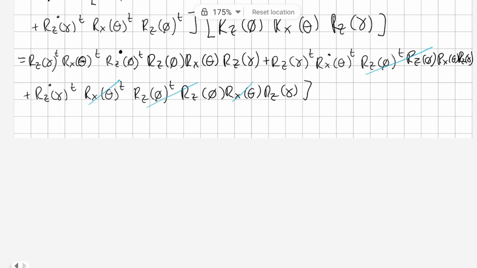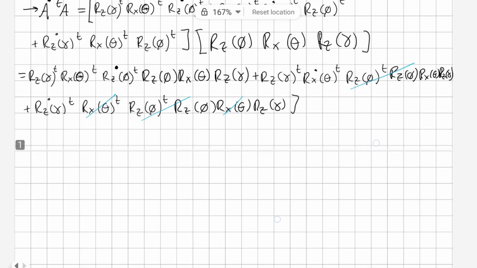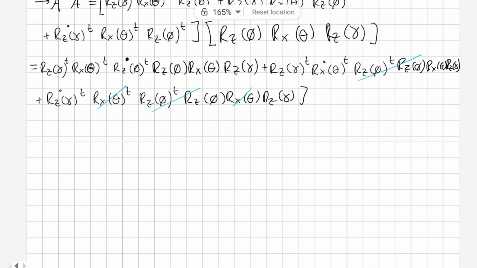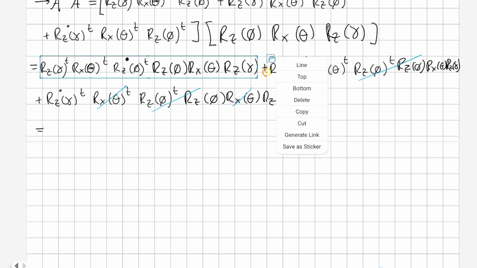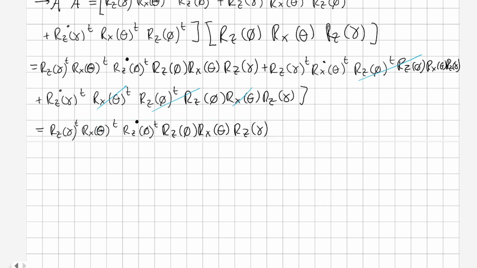So if we do that, we are going to get that this is equal to, let me copy all this, because I think there is nothing we can simplify from this expression. So it remains the same.